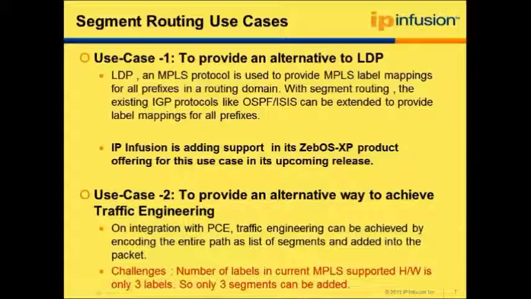But in segment routing, it's a very effective and flexible way of doing traffic engineering, in which, on integration with PCE, we can encode the entire path in a list of segments and add it into the packet. We just need to look at the packet to know what path has to be followed. Since it is integrated with a PCE and a centralized controller, it's much more flexible and easier to implement than traditional MPLS traffic engineering.